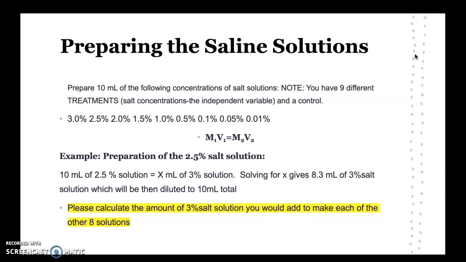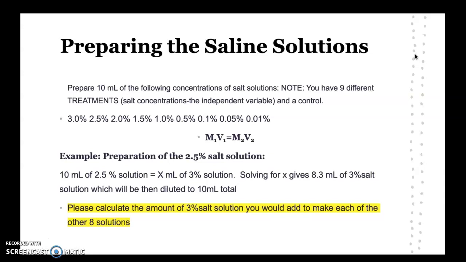Now, preparing the saline solutions, I'm going to ultimately have you do some calculations here because I think it's instructive to look at the calculations that you'd have to do if you were actually in the classroom doing this lab. You would be given the 3% stock solution, and then you'd have to do some dilutions, and you would have to produce the 2.5%, the 2%, the 1.5, all the way down to the 0.01%.